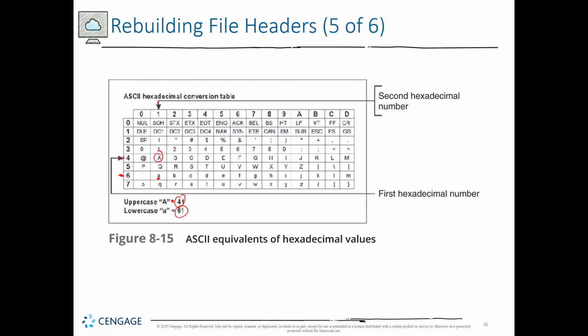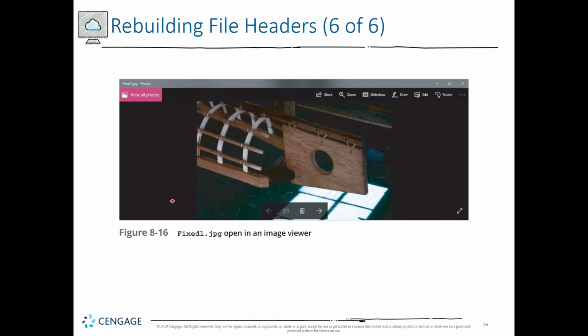These are our hexadecimal numbers for rebuilding our file in ASCII. Once you fix it, you should be able to open the data file.